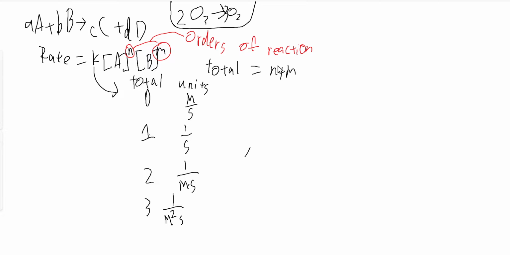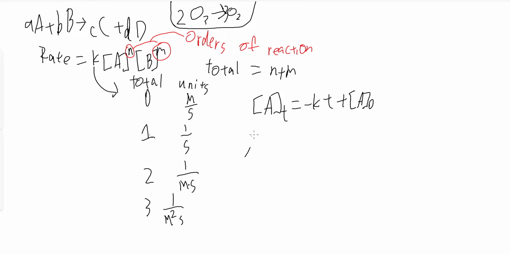However, I will not include the derivation in this video. Bottom line is, for our zero order reaction, the integrated rate law would be A at time t is equal to negative kt plus A at time 0.